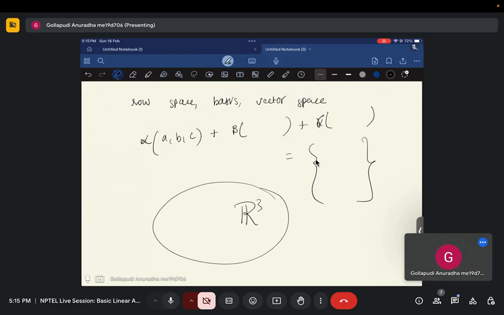What is R3? R3 means the vectors with three components. It can be anything. But here you are getting three linearly independent vectors, where each has three components, right?